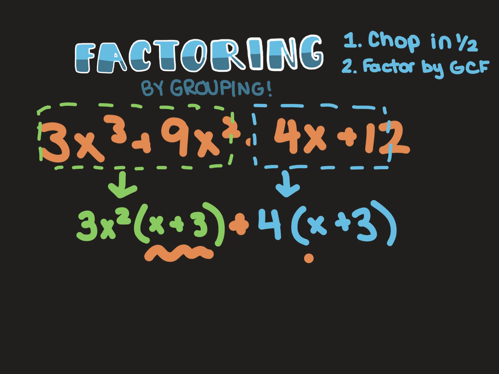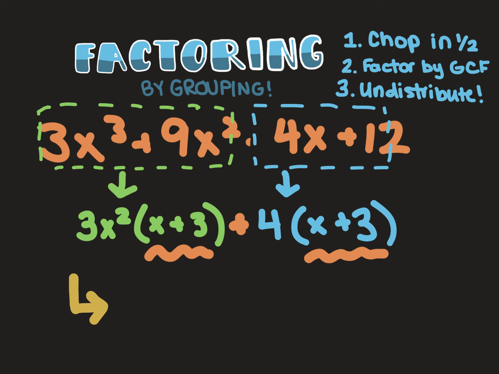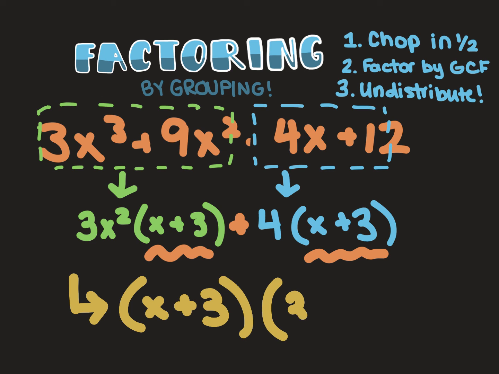We have x plus 3 and x plus 3. So what we can do is factor that out because it's the greatest common factor between the two. So we will end up with (x plus 3), we're undistributing it, right? (x plus 3), and then what we have left is 3x squared plus 4. And boom, we have a factored expression.